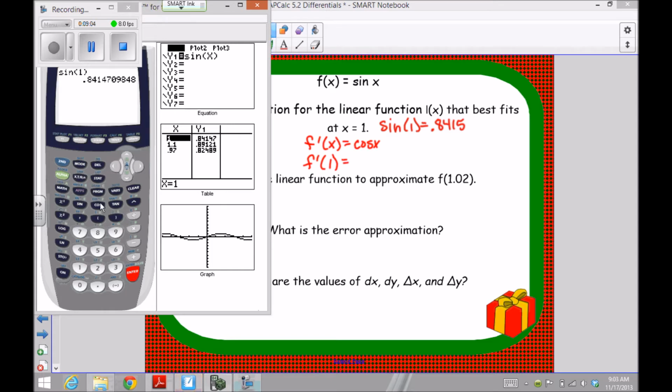So we'll put that in over here, cosine at 1, and I get 0.5403. Again, it does continue on from there, but we were going to do at least these 4 decimal places as I'm writing it. You may want to store those and hold those in your calculator.